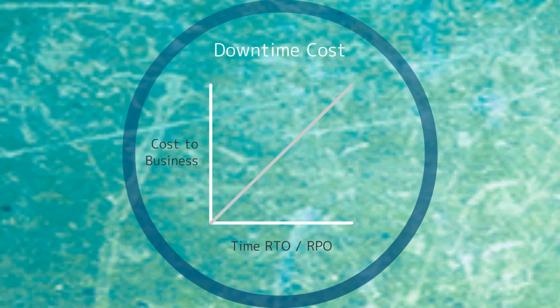Consequently, the amount of time that you're offline dramatically increases the cost to the business. So part of business continuity planning is to think about exactly what the cost is for the business when it's down. That will start to put in your mind what budgets are in place or could be put in place to provide for resiliency and redundancy in the rest of the systems and processes.